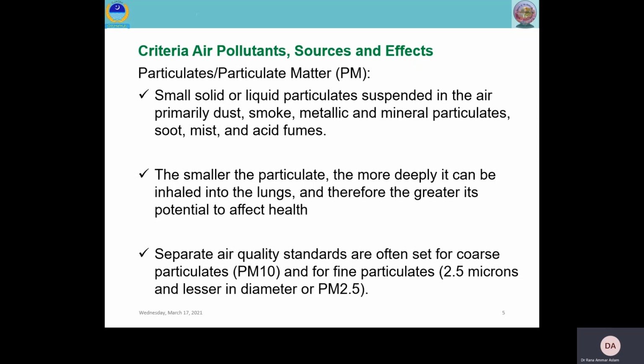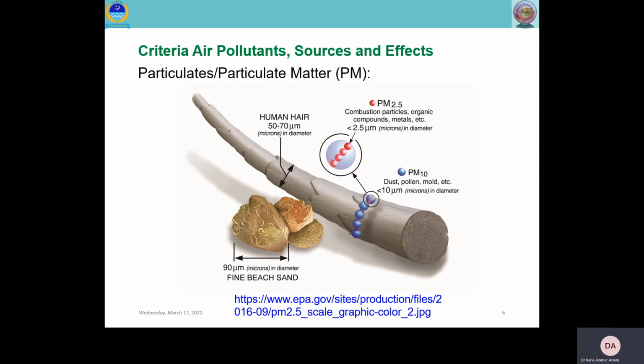So we need to have some idea of what is actually meant by 2.5 micrometer or 10 micrometer. Through this figure we can understand this concept. The average size of our hair, I mean the diameter, is between 50 to 70 micrometers.